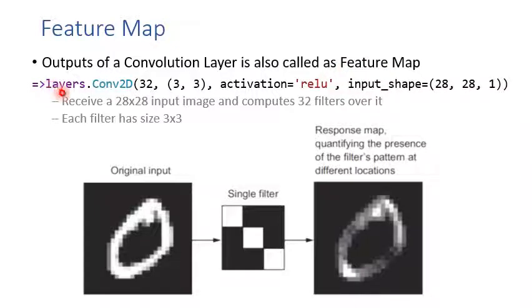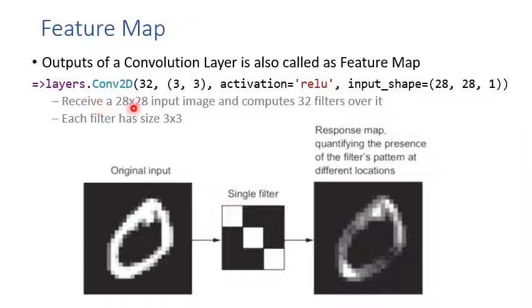Let's look at this line of code. Now we understand that this line means we have a convolution 2D layer that accepts the input shape, an input image with size 28 by 28 by 1. It's a grayscale image.